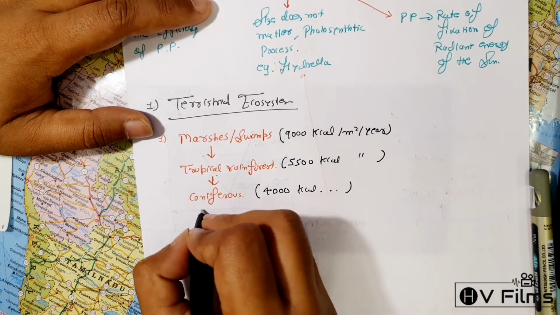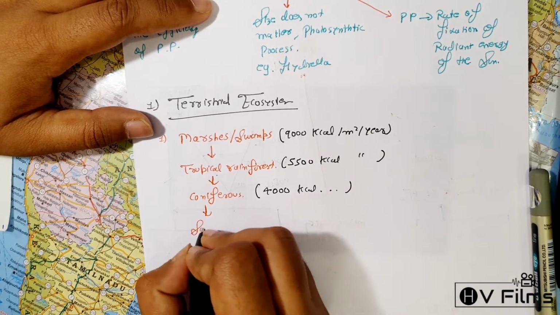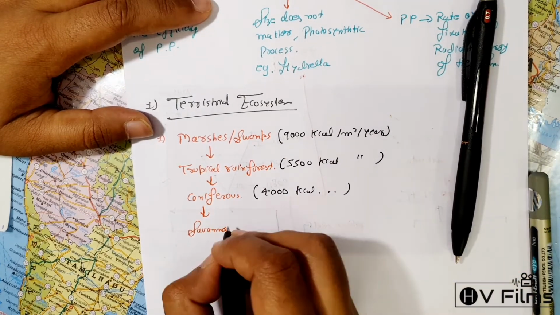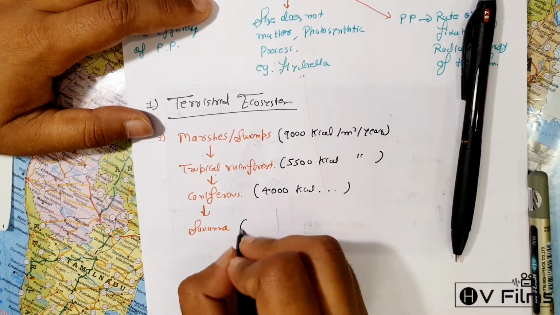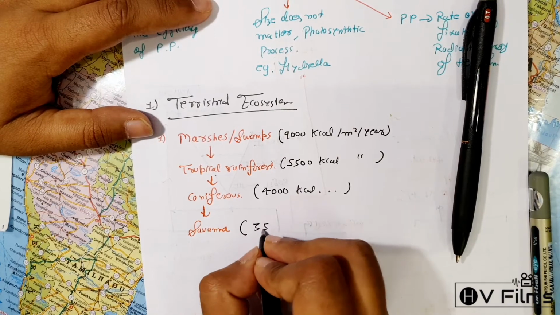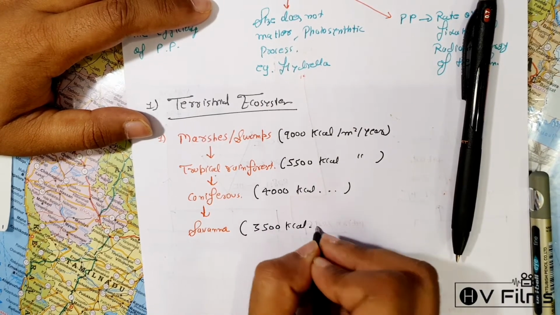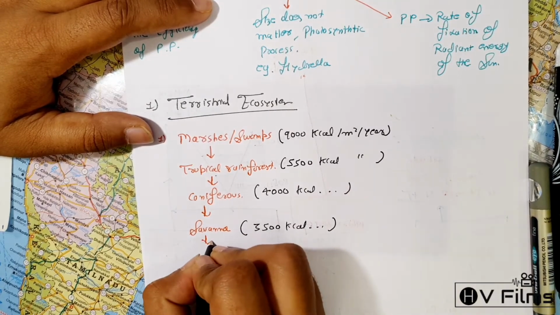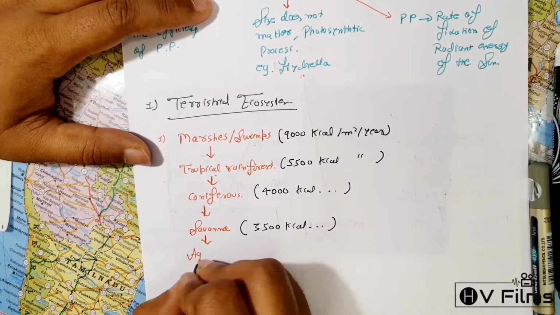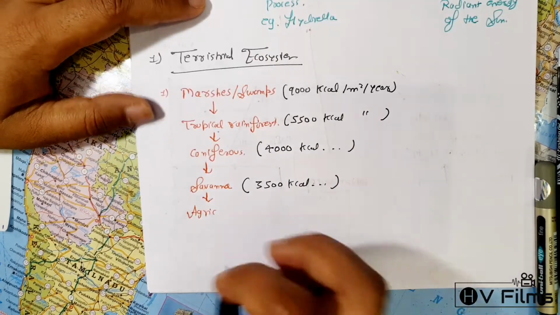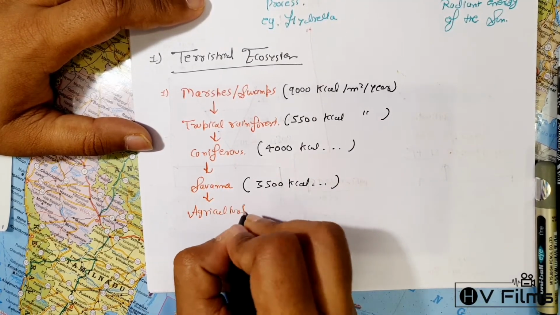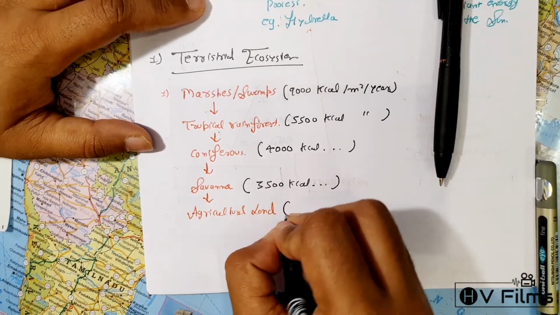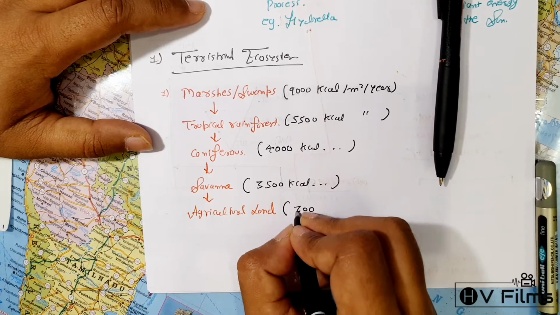And then savanna, it is around 3500 kilocalories. Then agricultural land, and for agricultural land it is 3000 kilocalories.